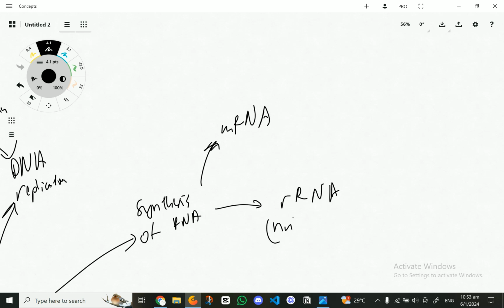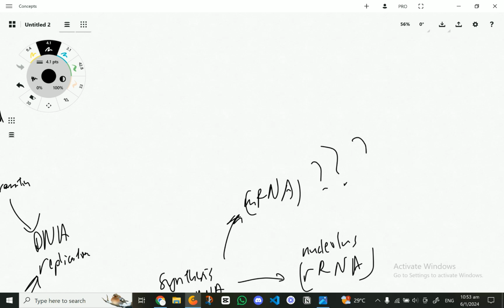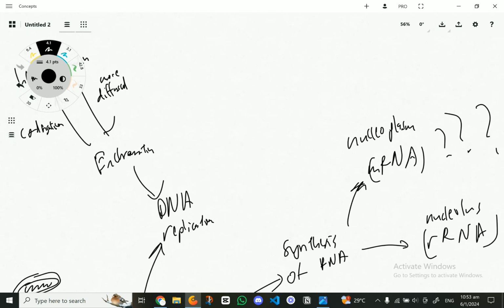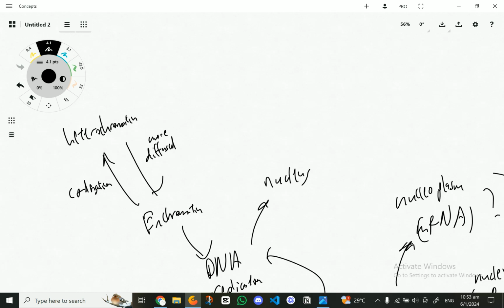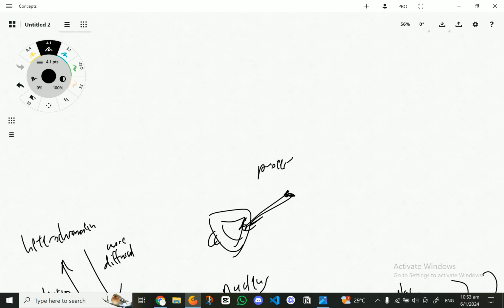So this one will be nucleolus, and this one will be nucleoplasm or something, and yeah, nucleus, protect hereditary material from metabolically active cytoplasm.